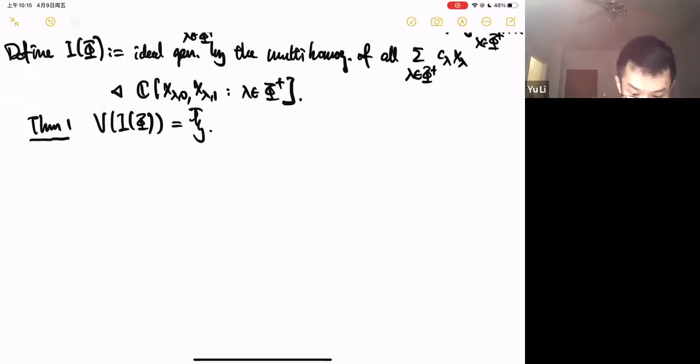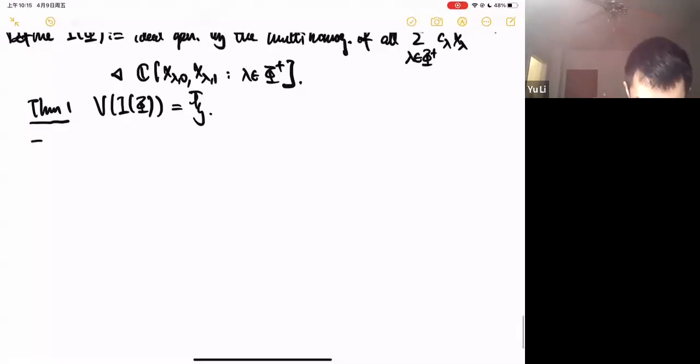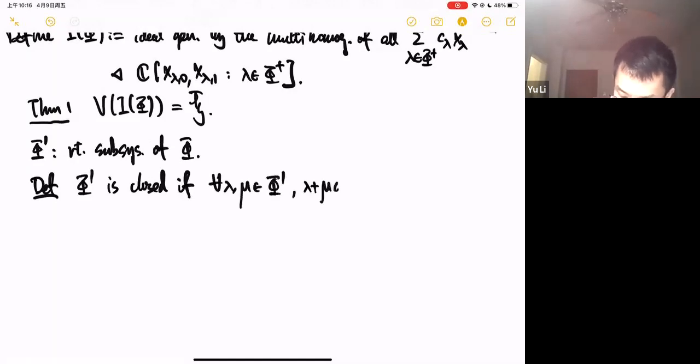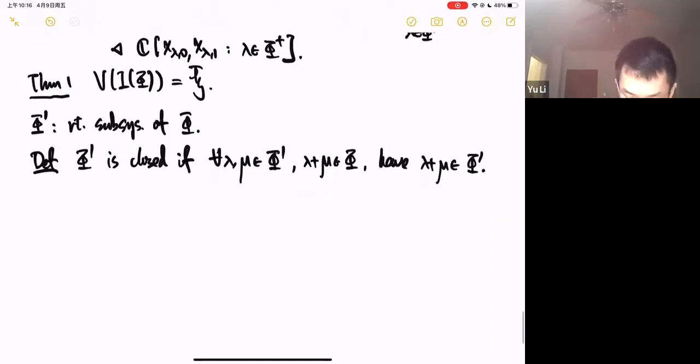To describe the geometry of H bar in more detail, I'll need to introduce some definitions. I'll let phi prime be a root subsystem of phi. Then, definition: phi prime is closed if whenever lambda and mu are inside phi prime and lambda plus mu is a root, we have lambda plus mu must be in phi prime. So it's closed under root addition.